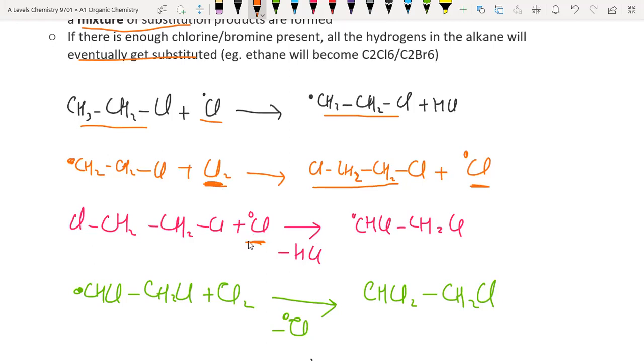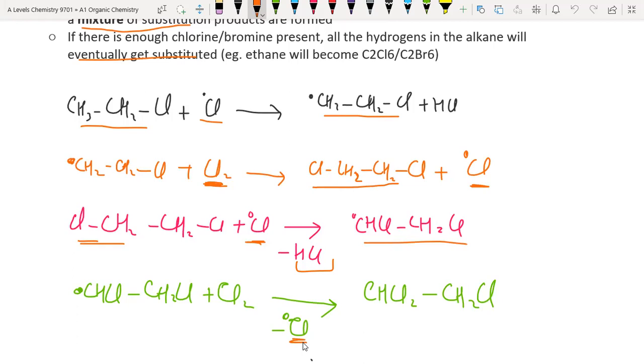Similarly, the second chlorine will come at this position, and the hydrogen will leave as a radical. This is the chain of the reaction.